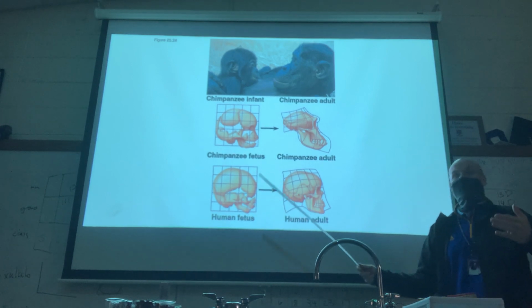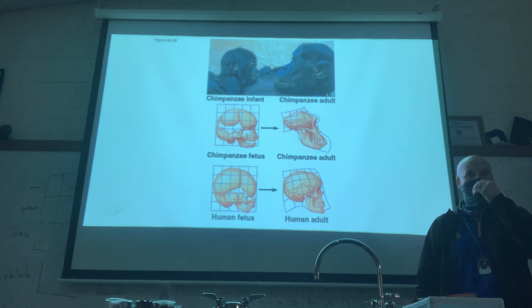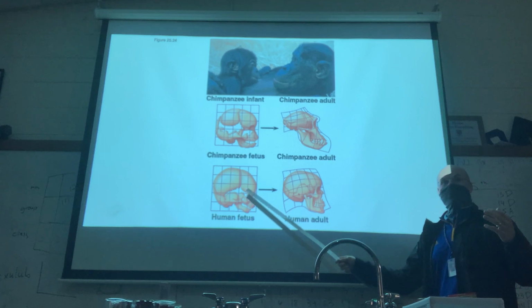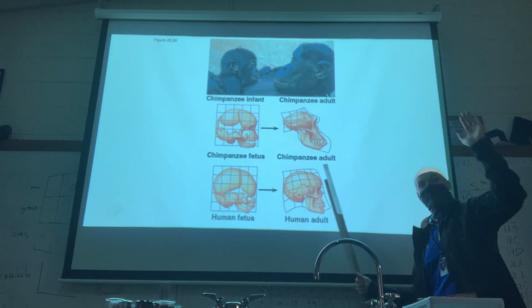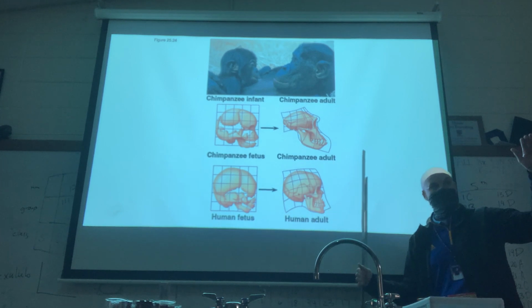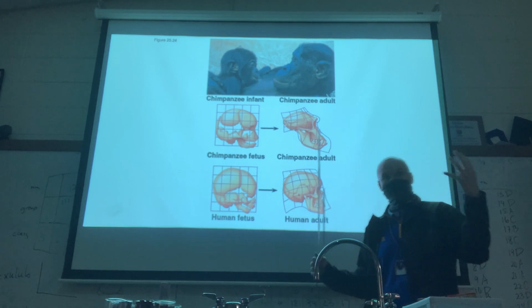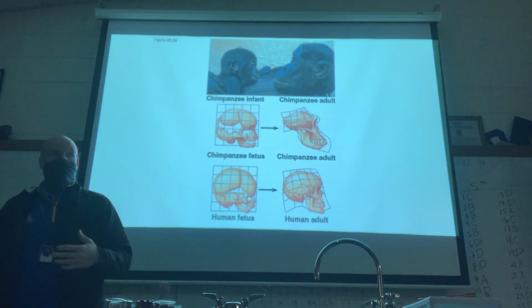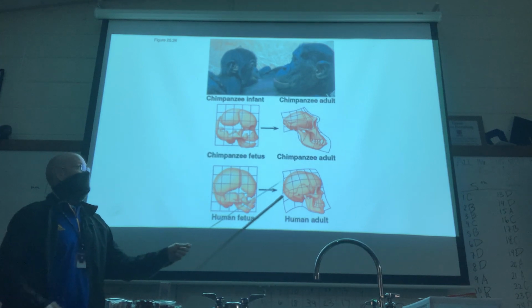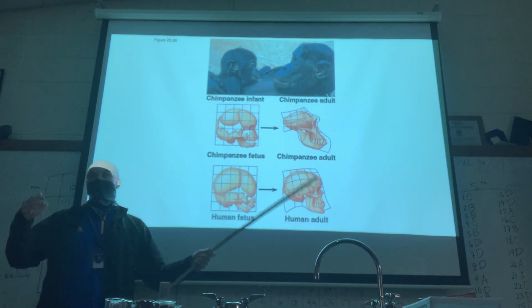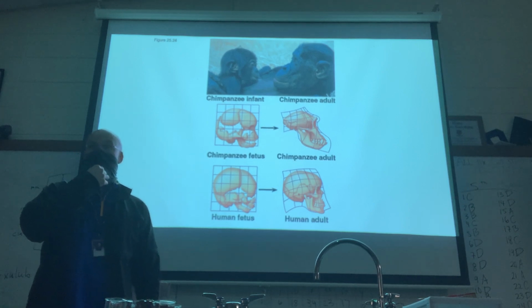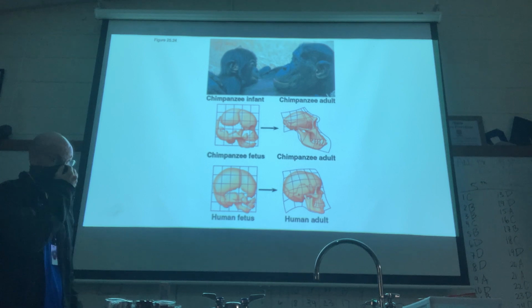Now, where we have a pretty clear advantage is that while our development starts out slow, we play kind of a longer game and end up having a much more developed brain later in life. So as an adult, our development has continued for much longer, and we have many capabilities that chimpanzees do not.